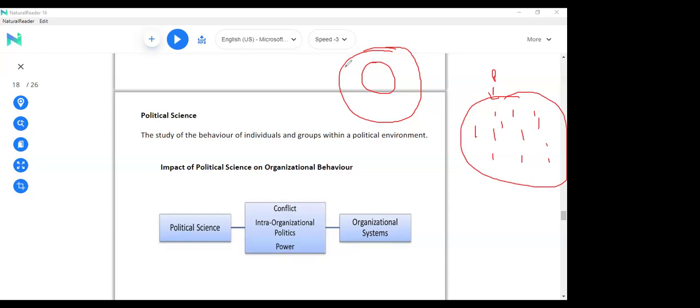So power means this circle, or this political power, can change anyone, anything, whatever it wants.